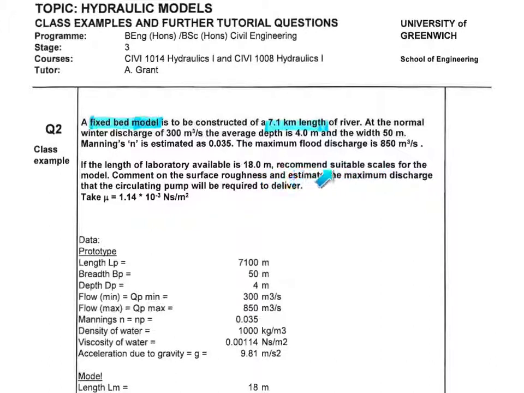And we would need to calculate that Reynolds number at the minimum flow that we're going to model. And the reason we do that is because by building a model, the Reynolds number will be distorted in the model. It will not be the same as the prototype, and we need to just satisfy ourselves that the flow in the model will continue to be fully turbulent, so we need the Reynolds number to be above 4,000 or so.